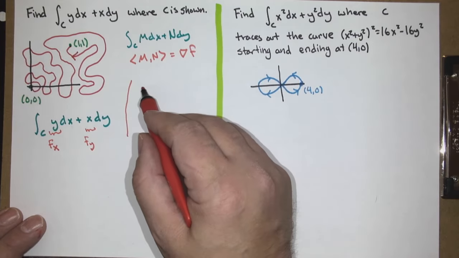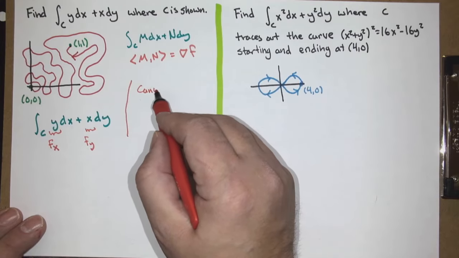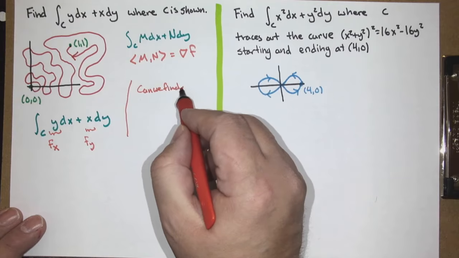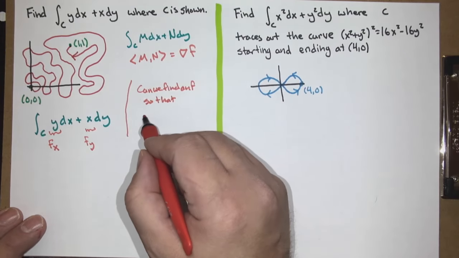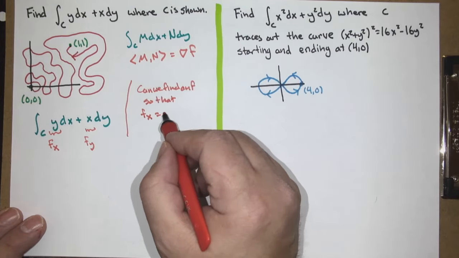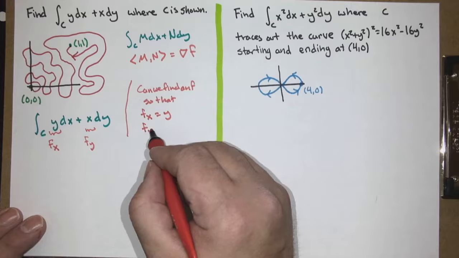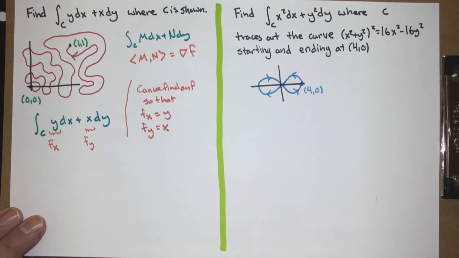So the question becomes, can we find an f so that if we look at the partial derivative of f with respect to x, we get y, and if we look at the partial derivative of f with respect to y, we get x. And at this point, it's okay to guess. Can anybody think of one?